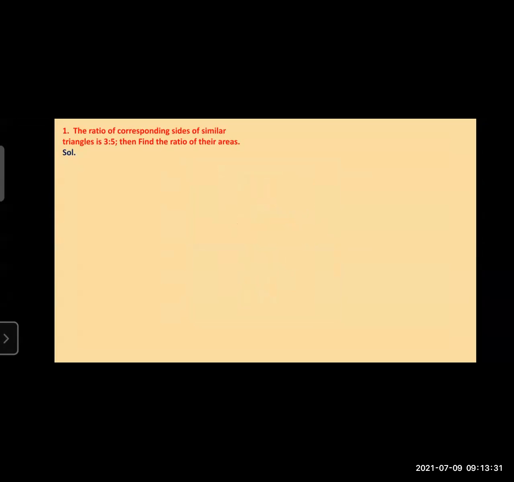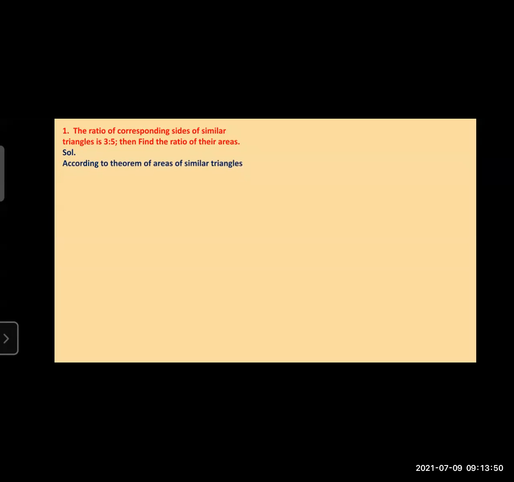The ratio of corresponding sides of similar triangles is 3:5. Then find the ratio of their areas. So in this question, the corresponding side ratio of similar triangles is given. You find the ratio of their areas. So it's a very simple solution.